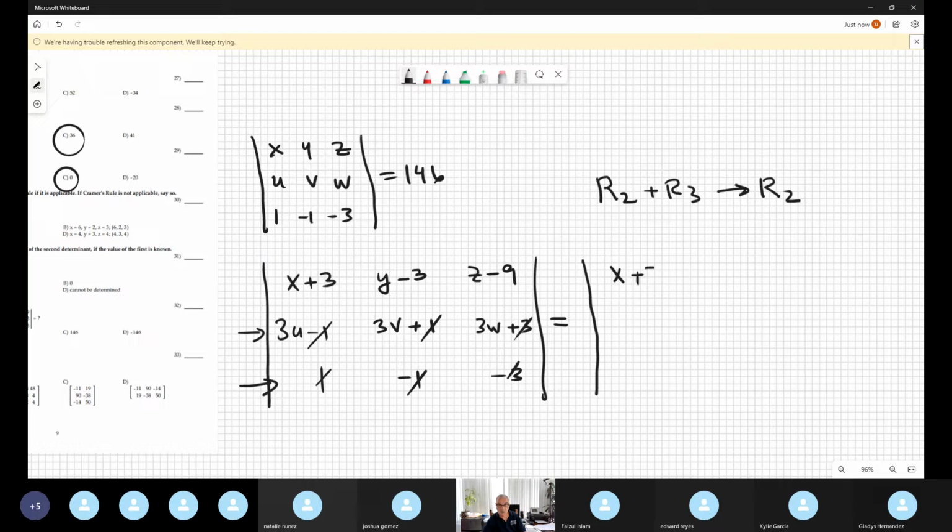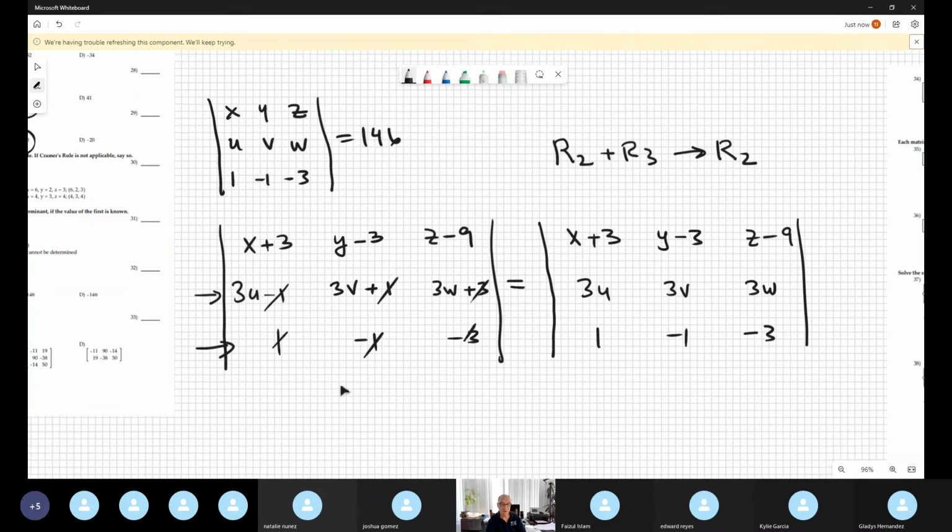So now row 1 stays the same. Row 2 changes to 3U, 3B, and 3W. And row 3 participates, but it doesn't change. The only row we change is row 2. So you need to know another property.